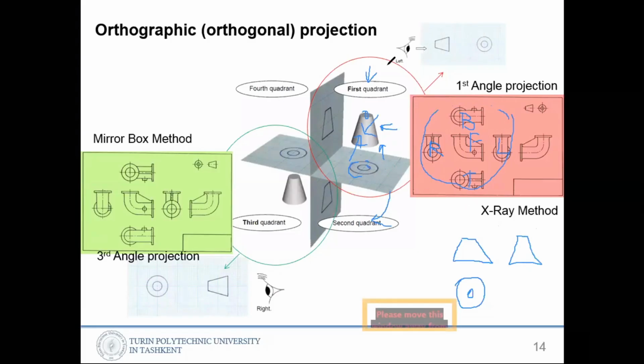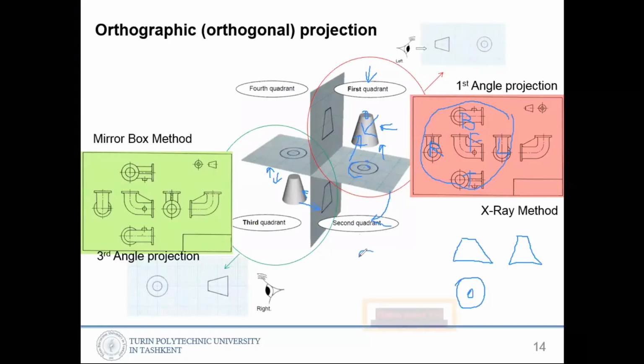And if you have your part in the third quadrant, so you put it here like this, and you look here, what you see is projected onto the plane, and what you see from here is projected onto the wall. If you open it, your part will be like this.